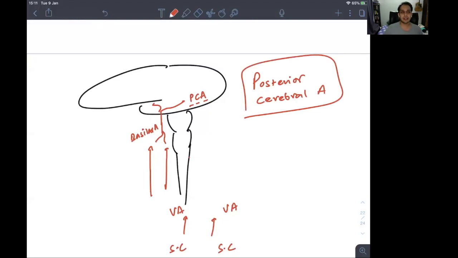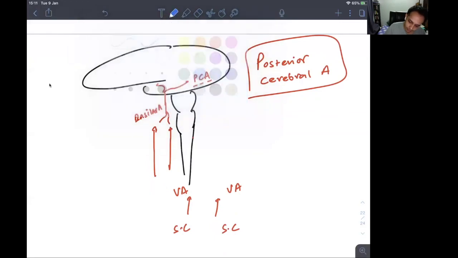Okay, and this is the vertebral artery that comes together to form the basilar artery at the level of the pons, and the basilar artery splits into the posterior cerebral arteries at the level of upper midbrain.